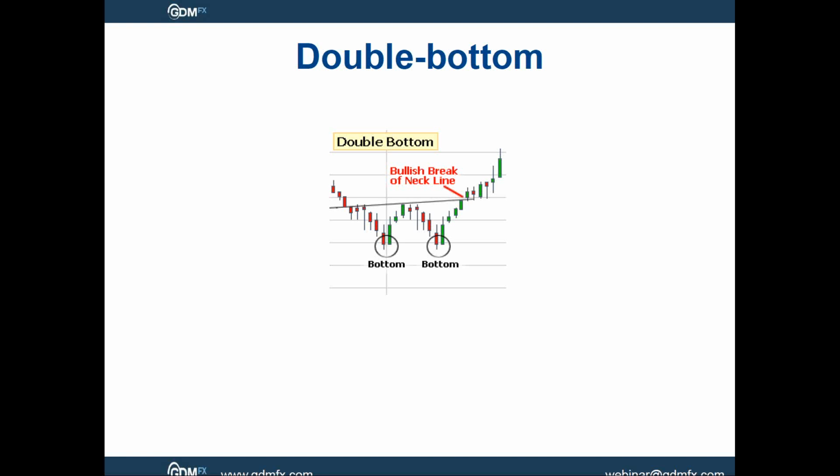The double bottom is formed when a downtrend sets a new low in the price movement. This downward movement will find a support which prevents the currency pair, or the commodity, or the index, whatever you're trading, from moving lower. It goes absolutely the same for each and every instrument that you have on your MetaTrader.